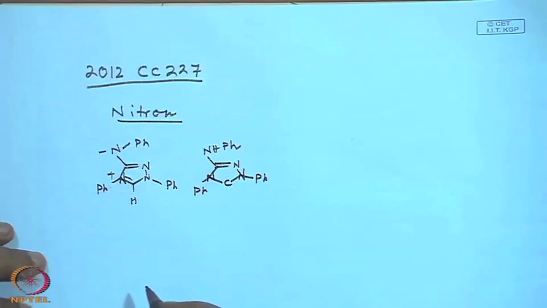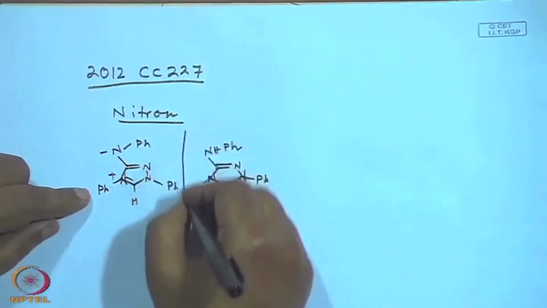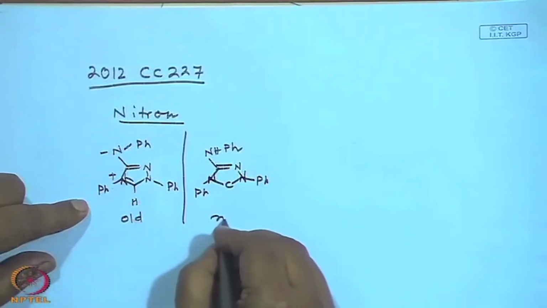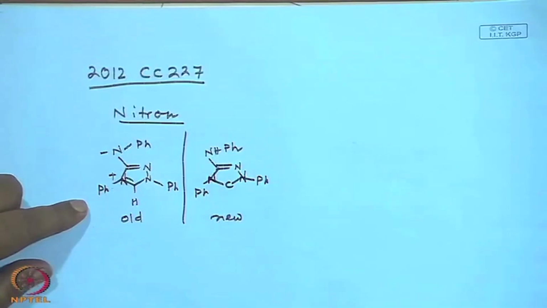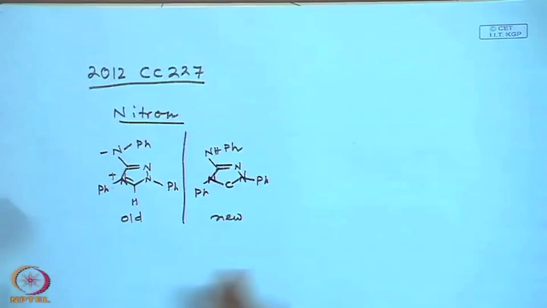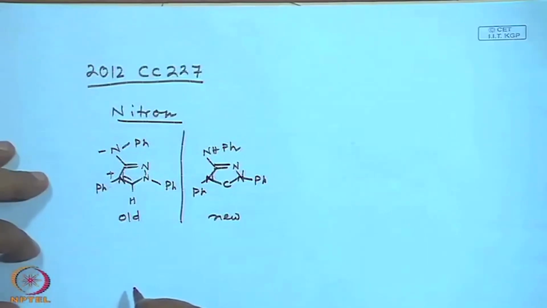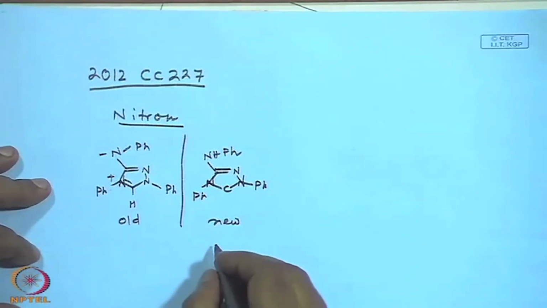On your left, this was the old structure, and this is the new one. The difference: the old one was proposed to be a Sydnone structure or mesoionic compound, with charge lying outside. There is no proper resonating structure. And in the new one on the right-hand side, this is also not a resonating structure. By now all of us know why, right?